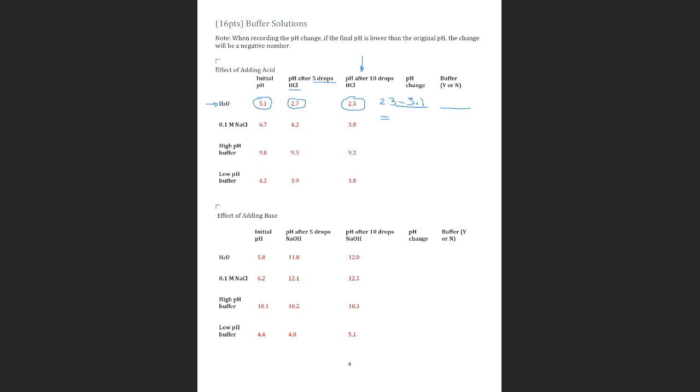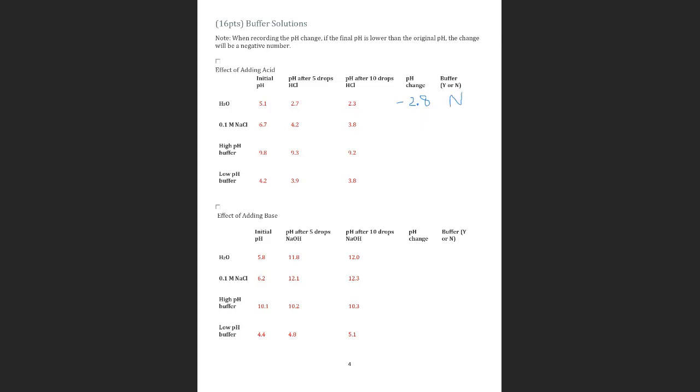So I get minus 2.8 in my case. And then, is this a buffer, yes or no? No, exactly.